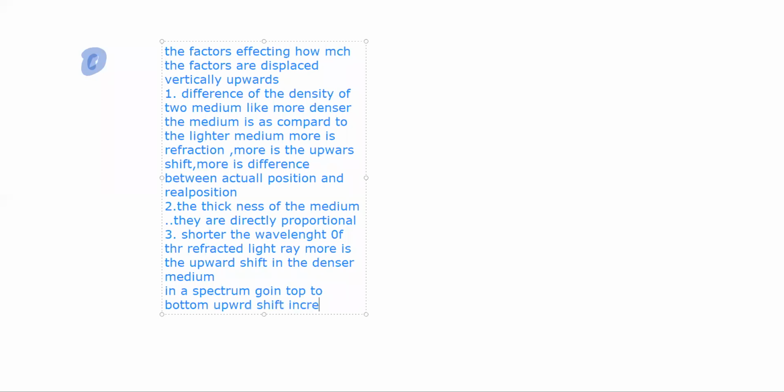So if they ask you to compare the upward shift of say red light, blue light, green light and orange light, red will suffer the minimum deviation while the violet-blue will suffer the maximum upward shift.